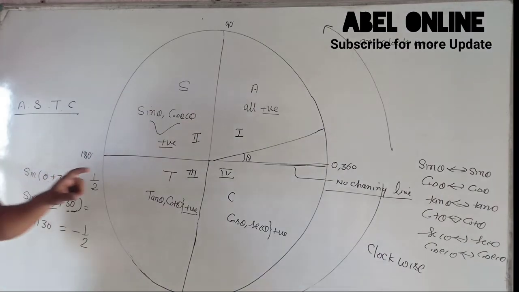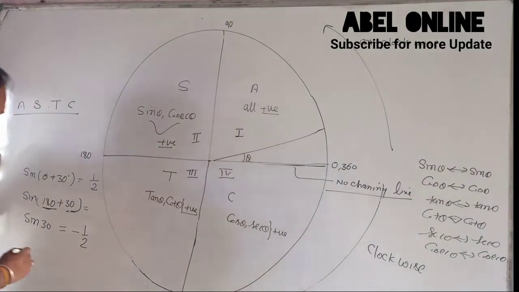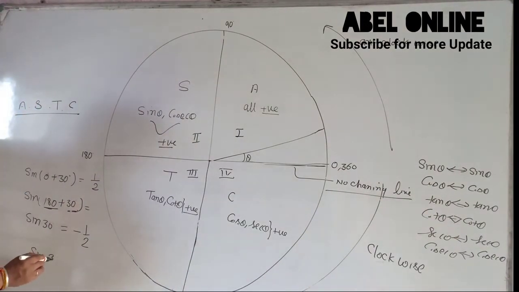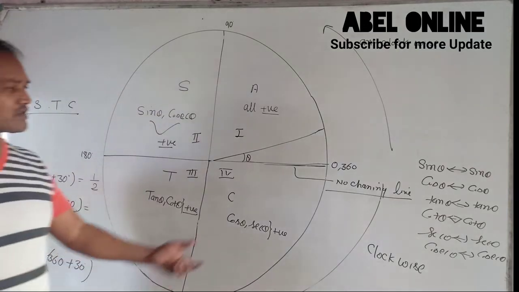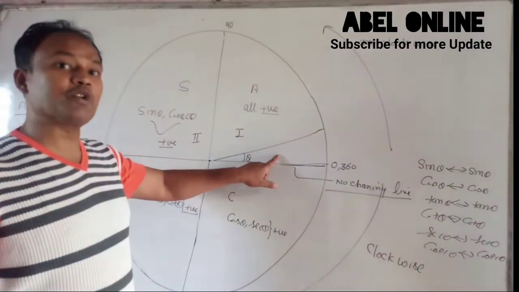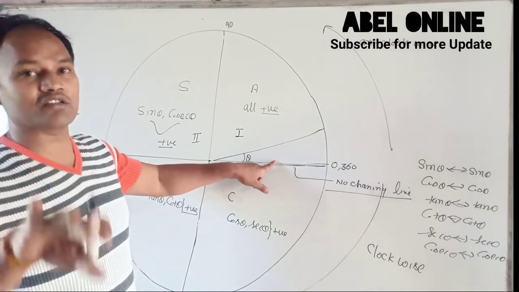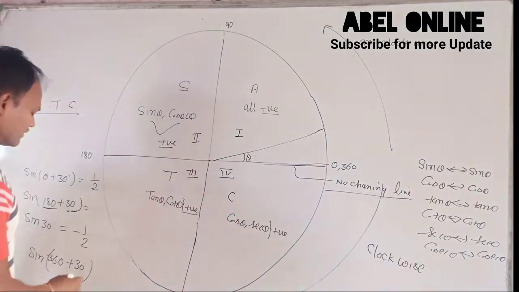Next one is, suppose the value is sin 360 plus 30 degree. When we are saying 360 plus 30, which quadrant are we in? We are in the first quadrant.